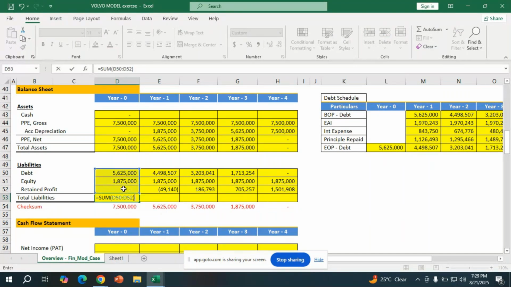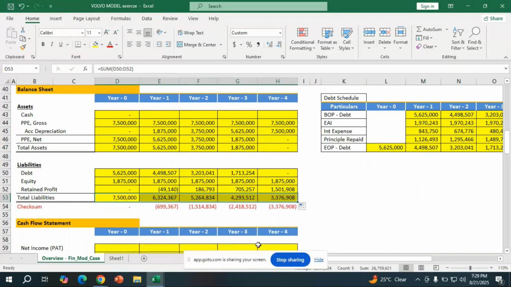So you get like this. Same thing goes for the rest. It's the sum of all your things: debt, equity, and your retained profit. So complete your liability side, and then we will do your CFS tomorrow.